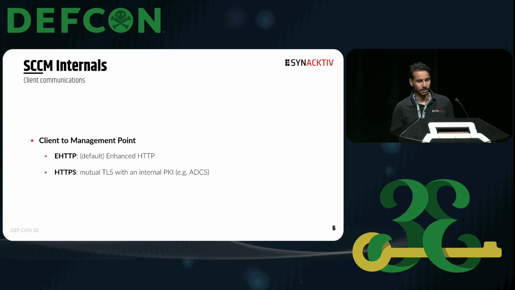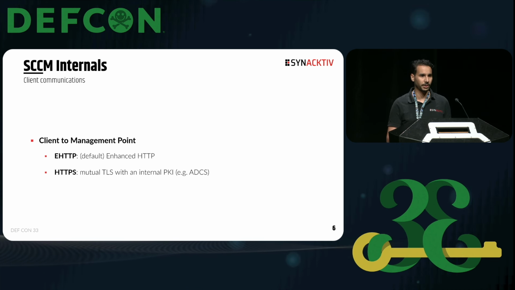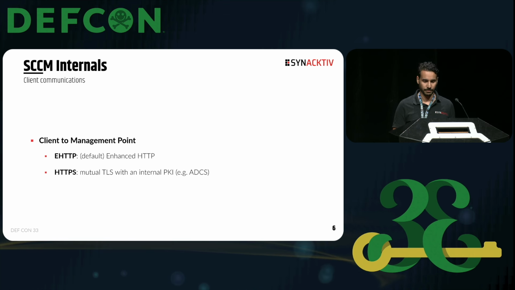And this is done to make the clients do mutual TLS with the management point services. This is what makes the client present a certificate to talk with the management point. So sometimes in an engagement, you need that certificate, and it can be a bit painful to exploit SCCM.